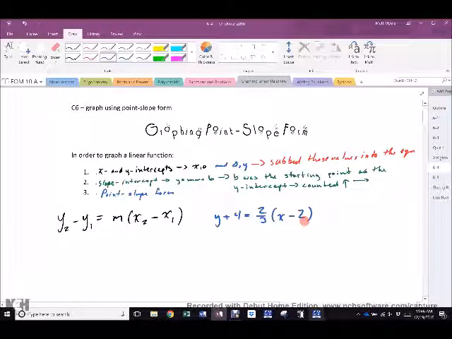Now, you all know if I gave you this, and don't write this down, y equals 3 over 2 x plus 7, you could all graph that just by looking at it. You'd go to 7 on the y-axis, you'd count up 3, right 2, and you'd put a dot and you'd connect them, right? Because this gives you a starting point, and the starting point is the y-intercept, correct?